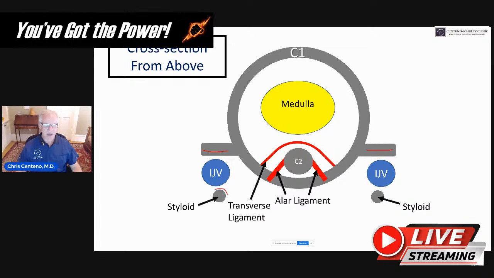We can have a styloid here in front of the internal jugular vein. And if these ligaments, the transverse ligament or the alar ligament, are loose, this whole thing can slide forward on C2, and then that can bang into the internal jugular vein.